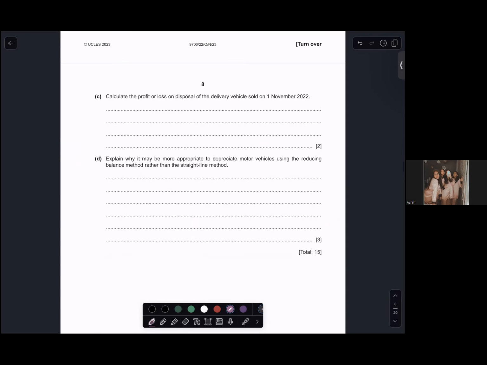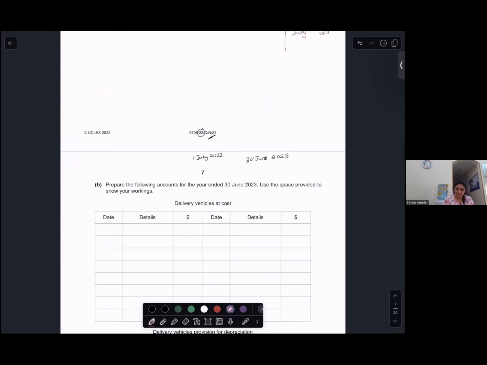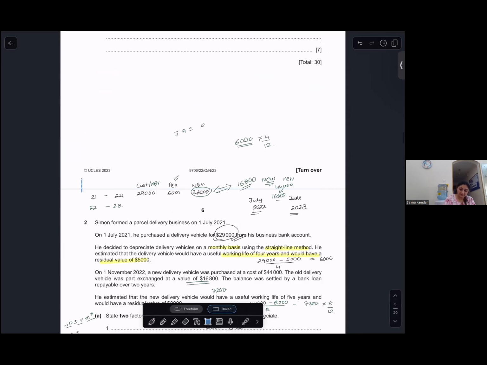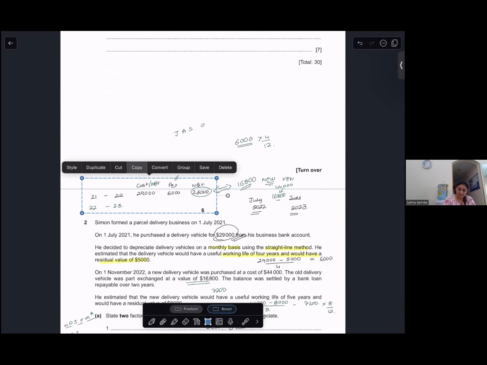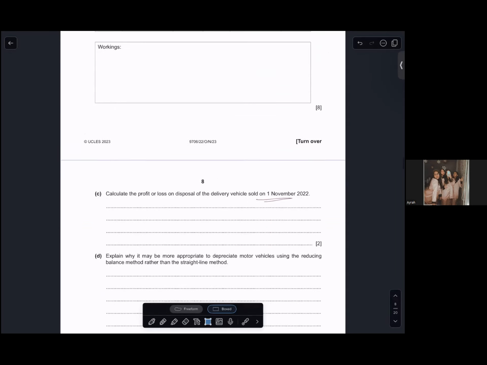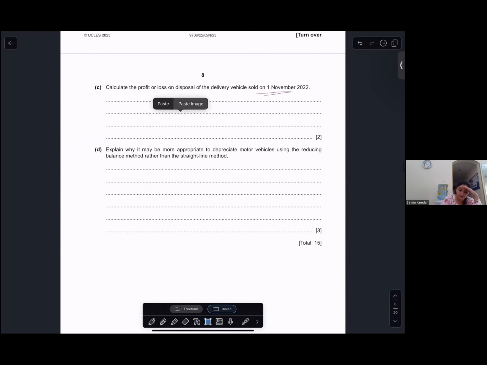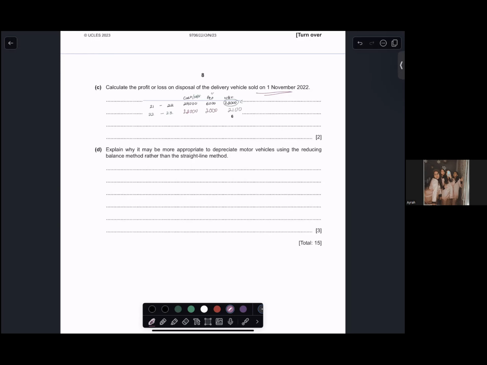Calculate the profit or loss on the disposal of the motor vehicle. So 23,000 is the net book value. Current year depreciation, how much? 2,000.